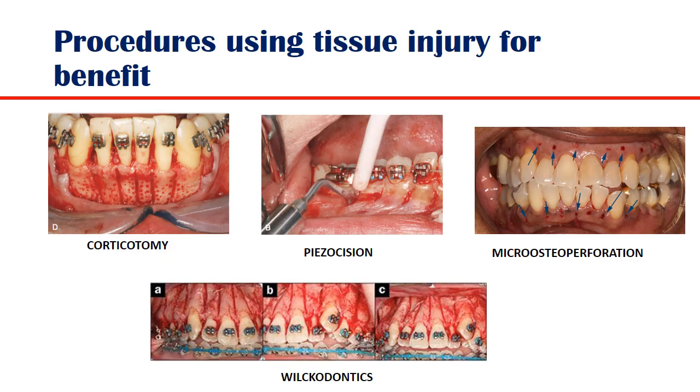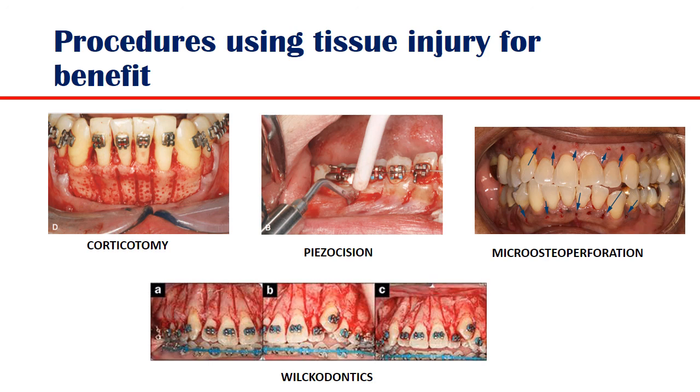But there are these biological procedures which are also being taken to our benefit for acceleration of tooth movement, through tissue injury. These procedures, just remember, are corticotomies, where you give an incision, and then you make a segment of a particular tooth, and then again this regional acceleratory phenomenon is going to happen, and then the bone formation is also going to cause the acceleration of tooth movement.